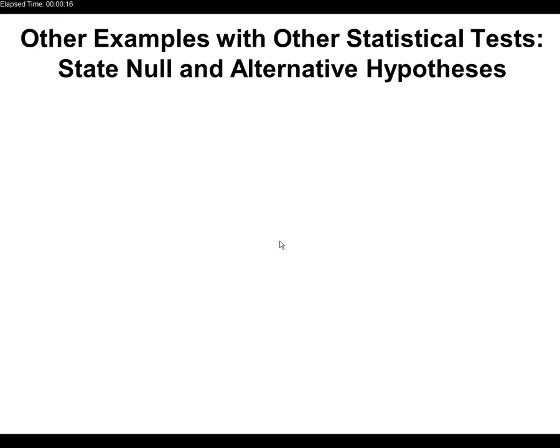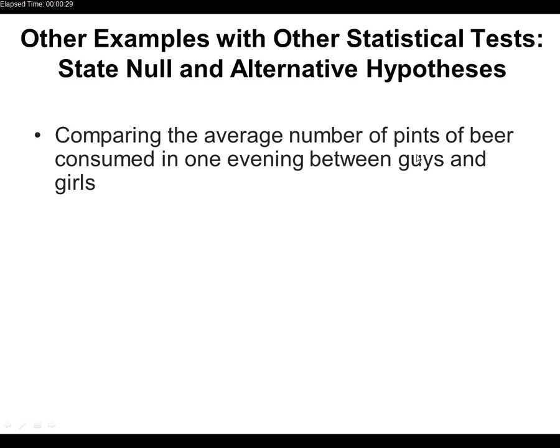All right, state the null and alternative. I want you to state the null and alternative hypotheses here. Okay, so on the first one, think about this in your brain. Compare the average number of pints of beer consumed in one evening between guys and girls.